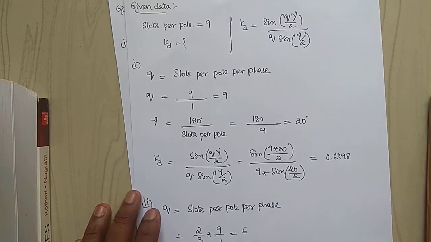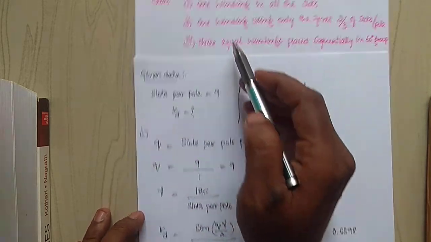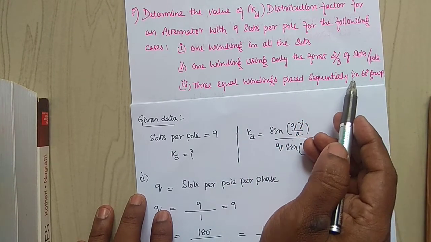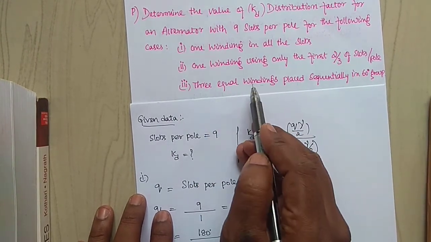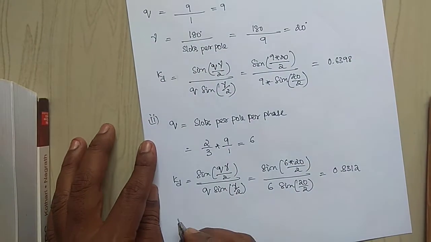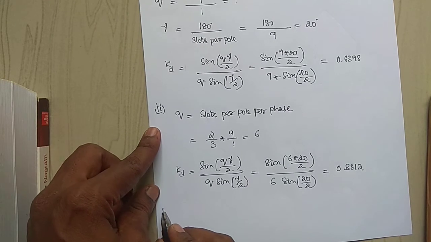Next, finally, the third question. 3 equal windings placed sequentially. 3 equal windings means that the phase value is 3.